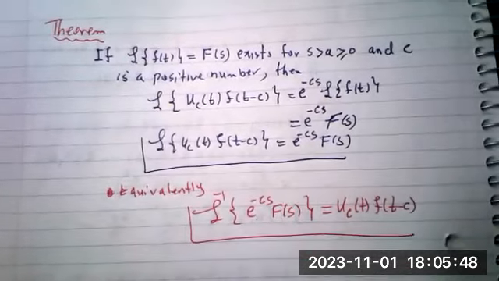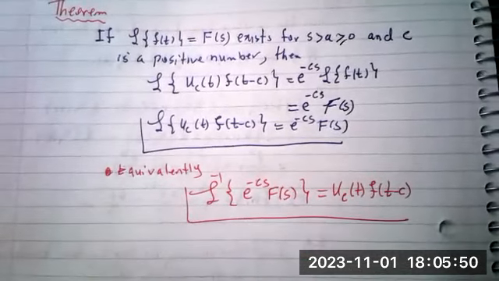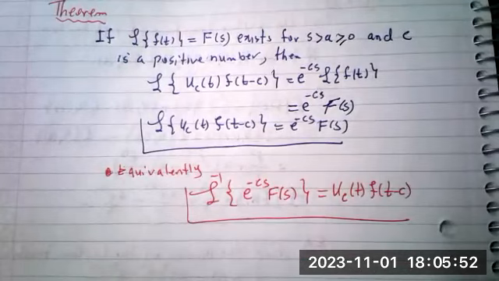The last thing that we did is we are going to have two types of translation, if you like. Your variable, you see the function f of t. Then sometimes you may have to shift the t, if you like, to t minus c. It's like when you do the graph.